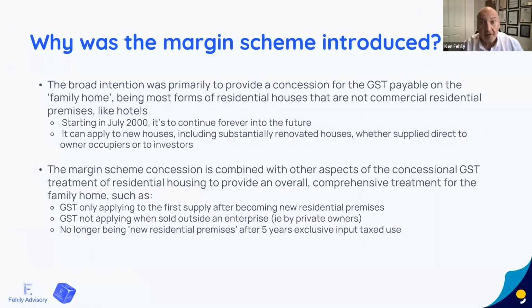So if you've got a property developer that has a business of renting and buying and selling residential premises, once it's been taxed the first time, never taxed again, even in enterprises. So as part of an overall scheme: hit tax once on residential premises, make it payable under the margin scheme, never taxed again. It was part of an overall intended scheme.